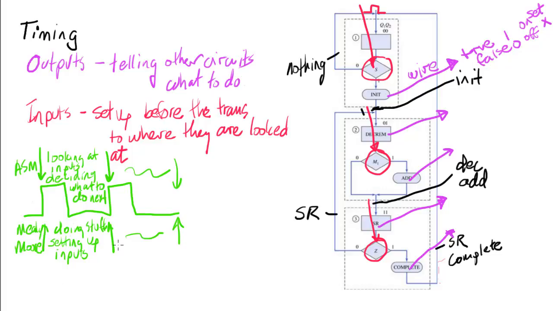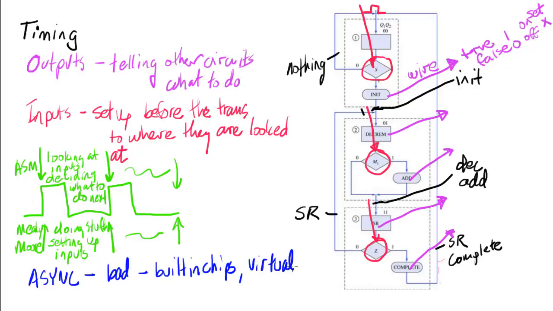What messes all this up, the evil thing that messes all this up, is async. Async is bad. Where does async come from? It's built into chips, even the virtual chips, the ones you find in your simulator. They're making decisions in here.